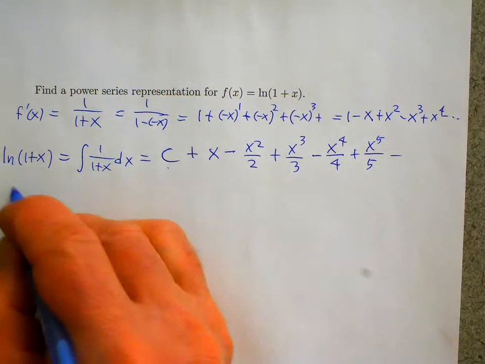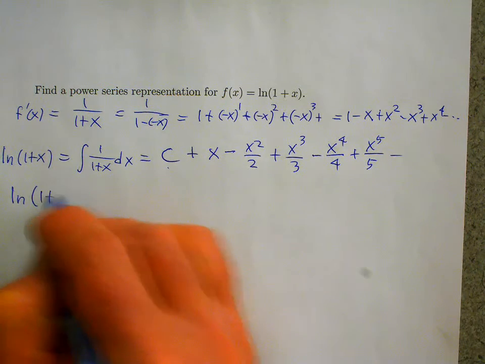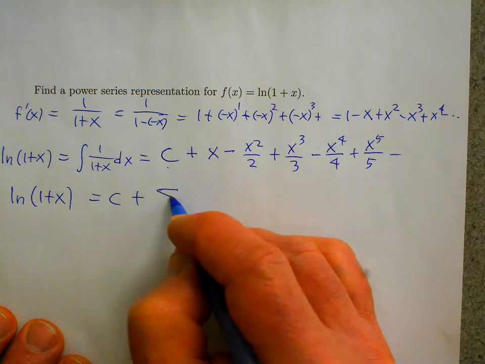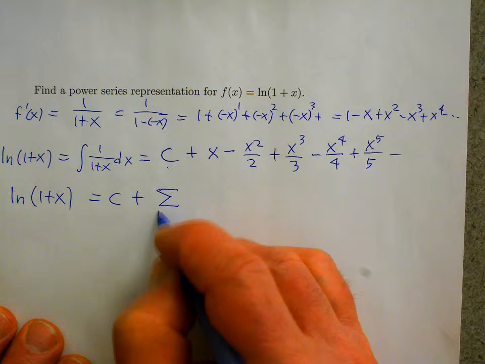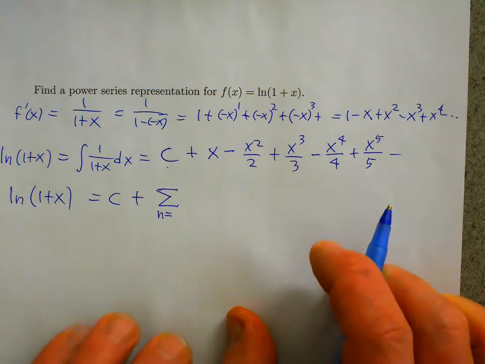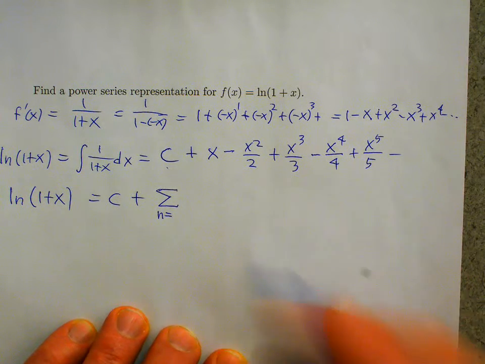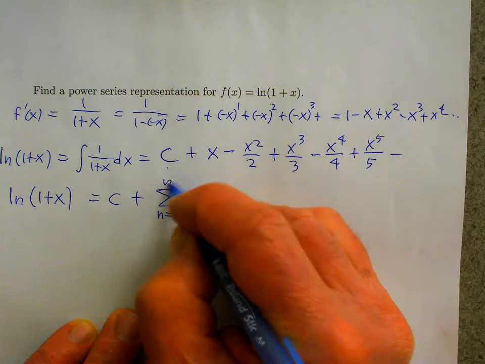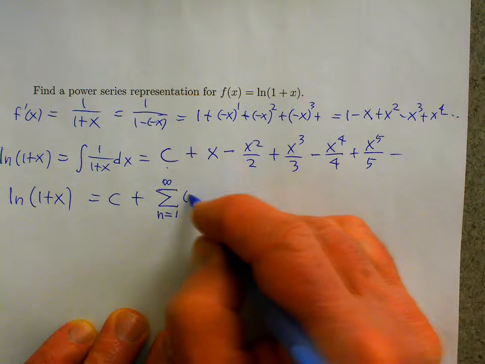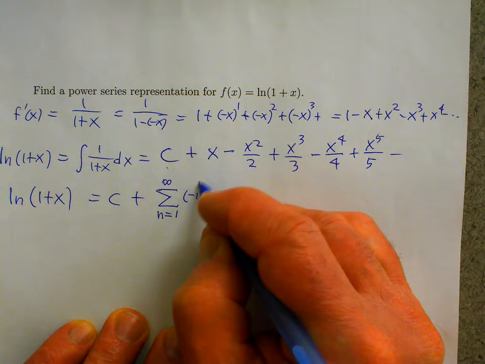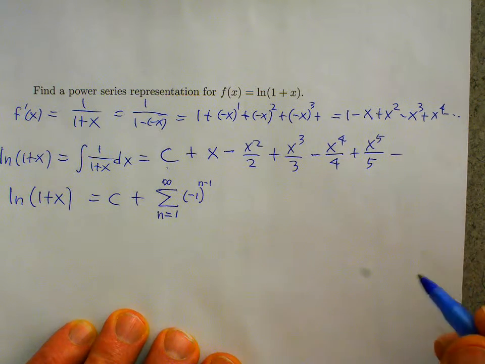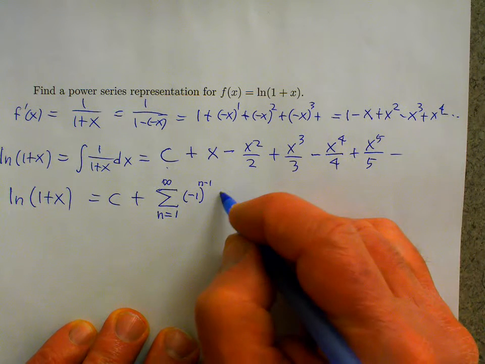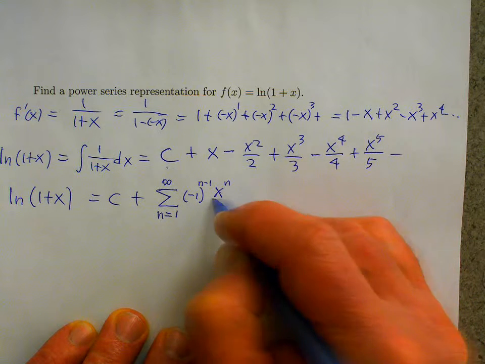So the sigma notation then, I guess we can start with n equals 1. It's alternating. So x to the n over n.